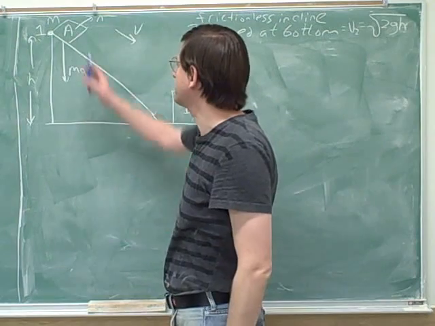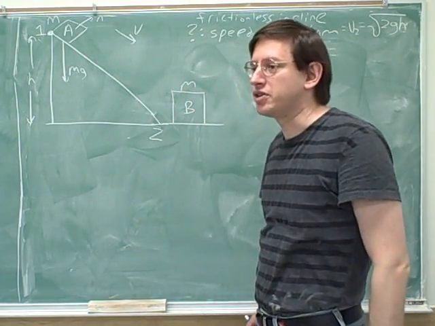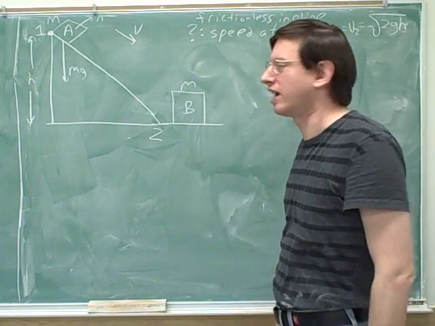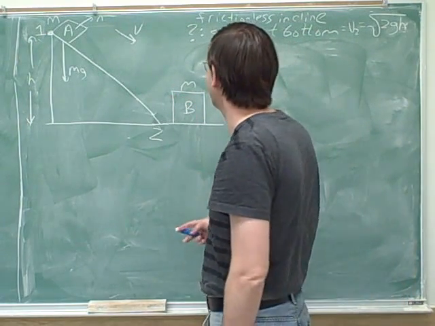Now you can see that A is going to collide with B. So you can be sure that there's going to be at least one collision problem on your exam. So we should see how to deal with collisions. So A is going to collide with B at the bottom.